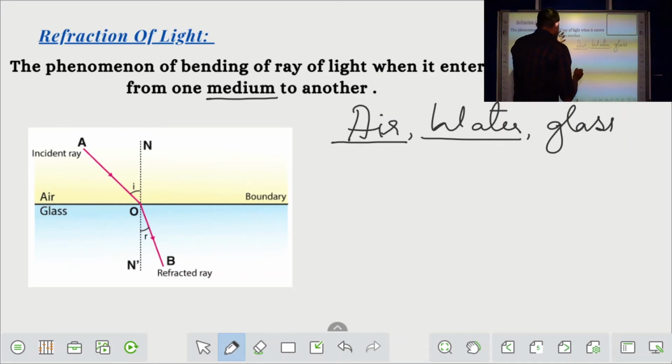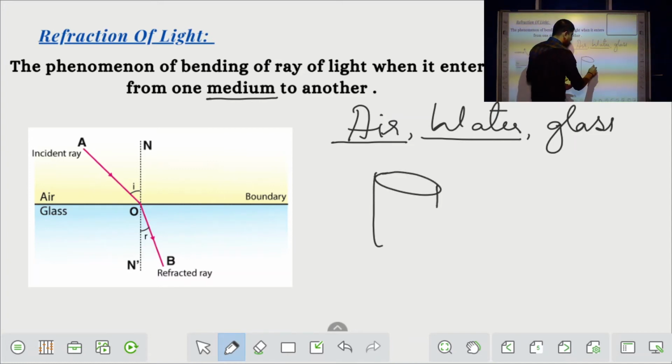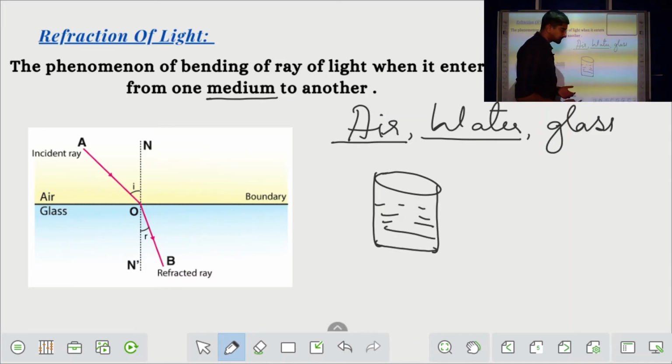For example, I want you to do this experiment at your home. It is a very simple activity that we have been doing in our lower classes also. We take a glass, fill it with water, and put a pen or a pencil in it. What do you see?